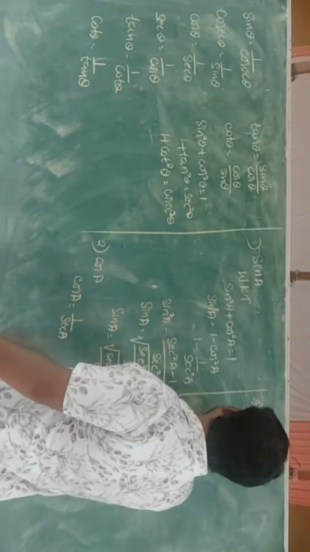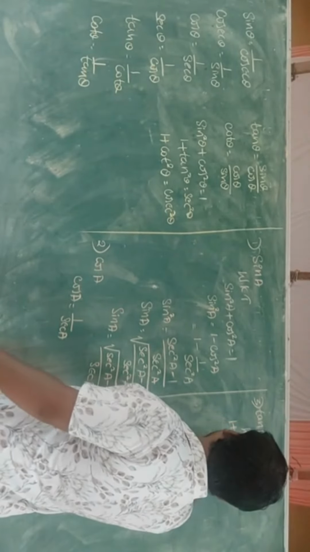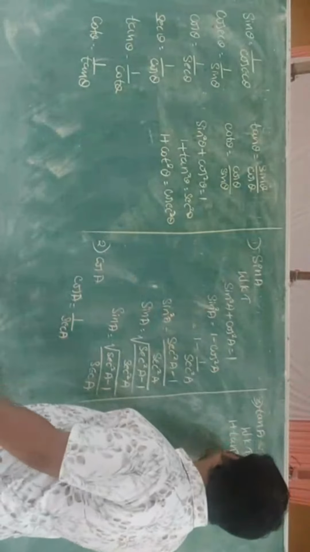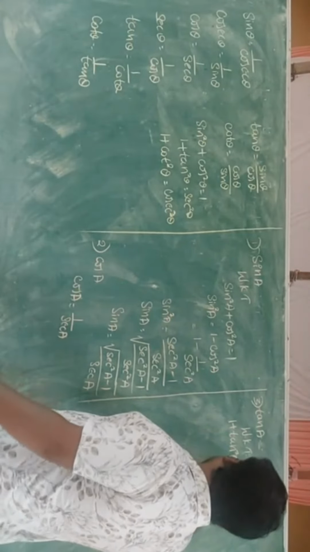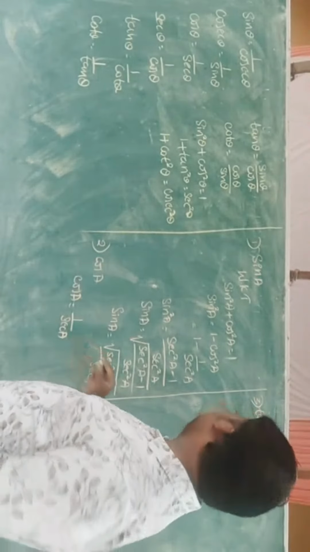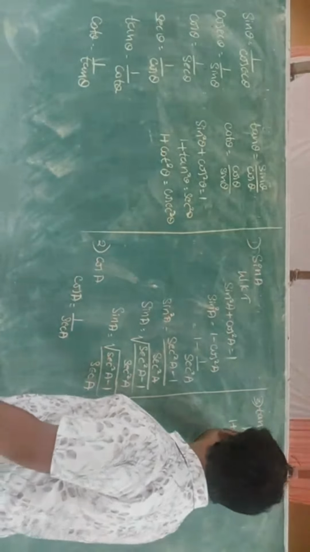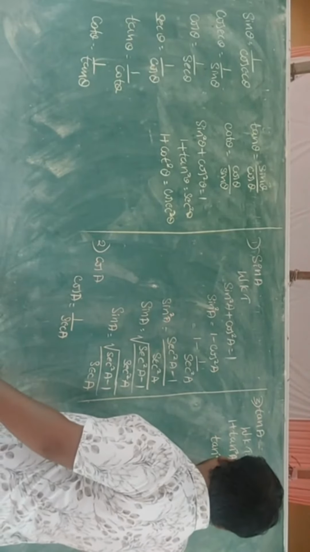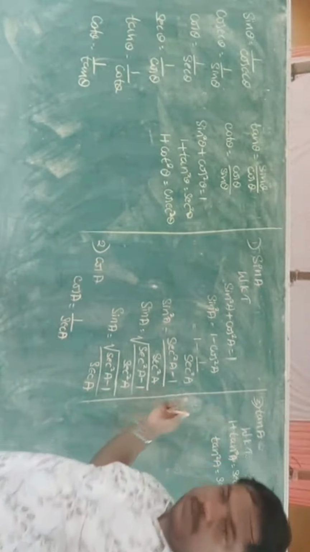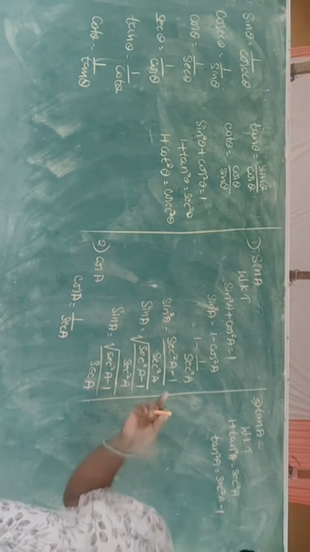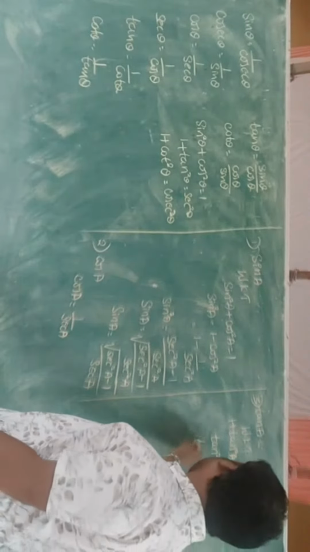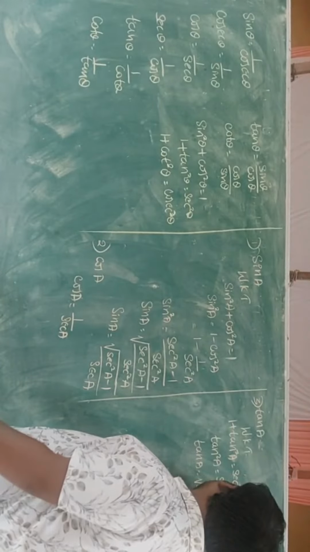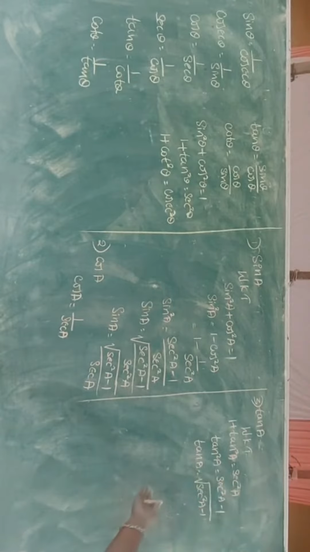Angle A, not theta. 1 plus tan square A is equal to sec square A. So tan square A is equal to sec square A minus 1. This one moves to the right hand side. But they ask tan, not tan square. So tan A is equal to under root sec square A minus 1. Tan in the form of sec.